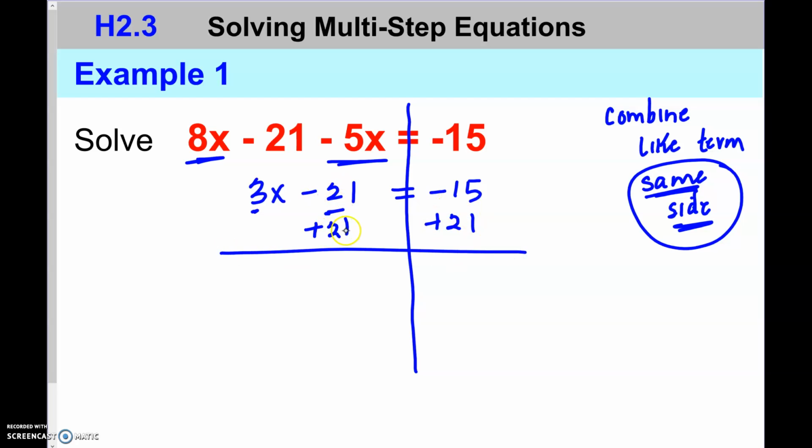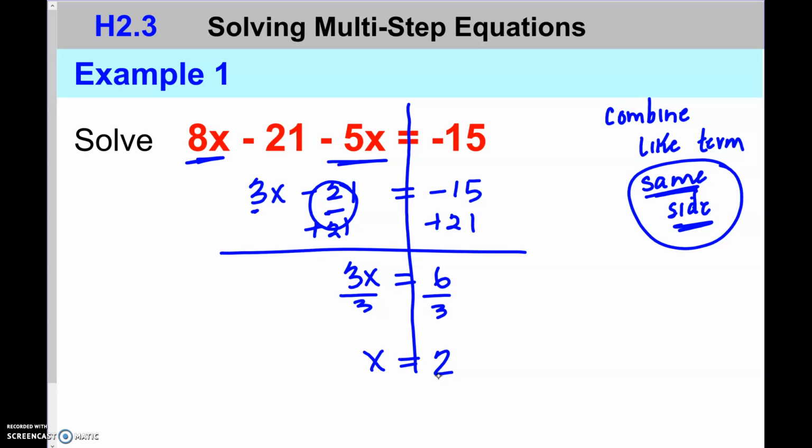So negative 21 plus 21 is 0, and 3x equals 6. So we're going to divide by 3, and now x equals 2.